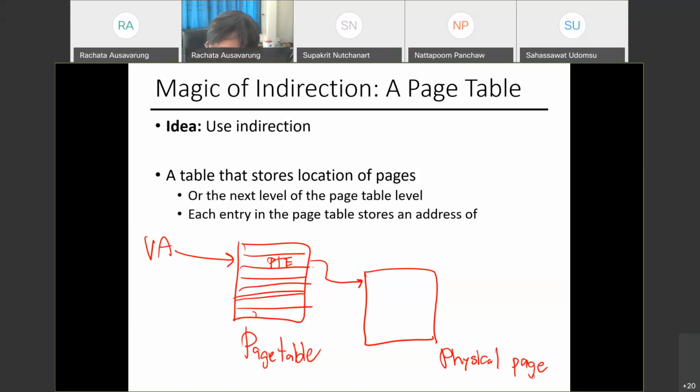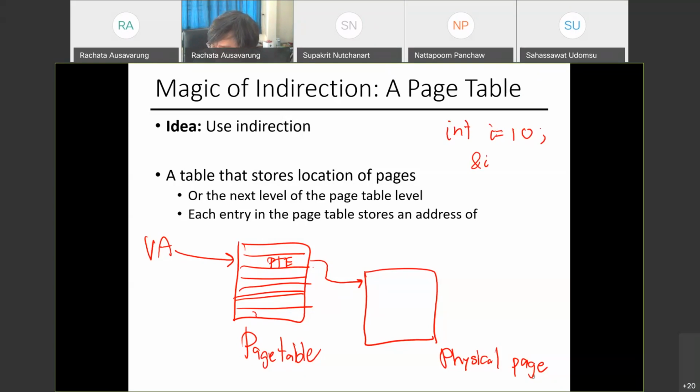Let me write the code just to be clear. int I = 10. What would happen if I do ampersand I? I get the address of I. Ampersand I would give me the address of I. That is a virtual address.